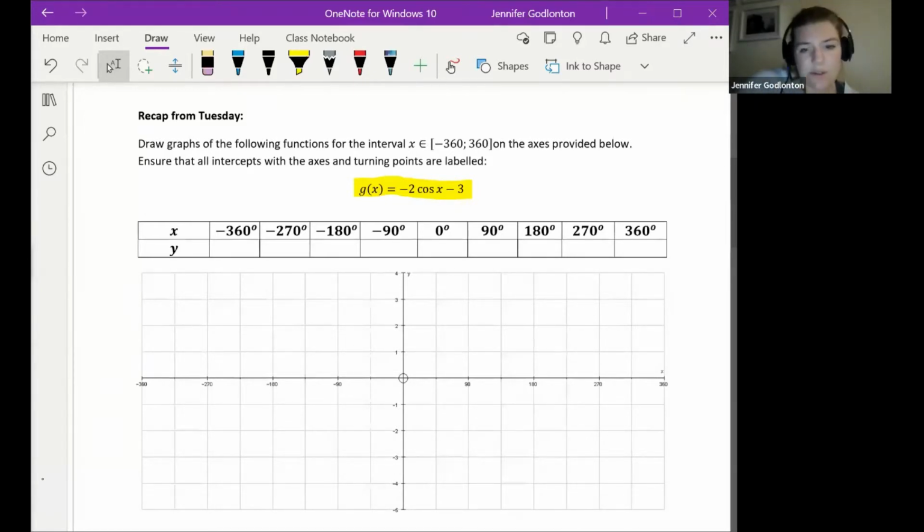And then we're going to draw it on the screen. Oh, still no calculator. It's okay.